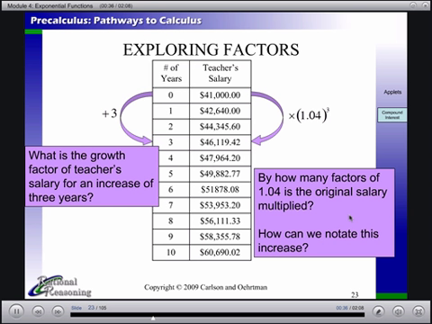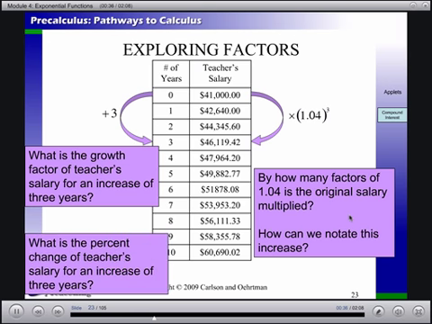So this is a different kind of growth factor. This is a growth factor for an increase of 3 years. We said that was 1.125. So we can call this the 3-unit growth factor.